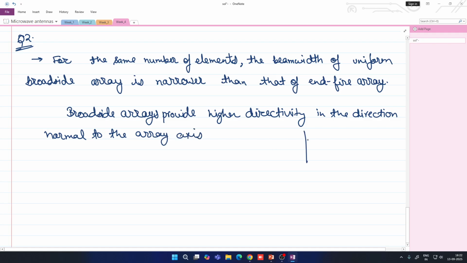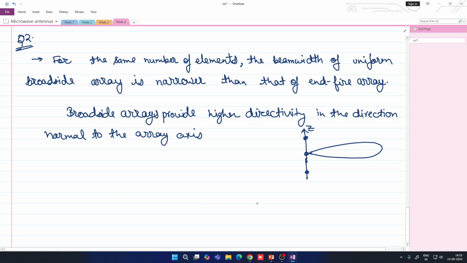So what does it mean? Now if we have, let's say, three antenna elements arranged along the z axis, so the array axis is along the z axis, it will have an array pattern something like this.